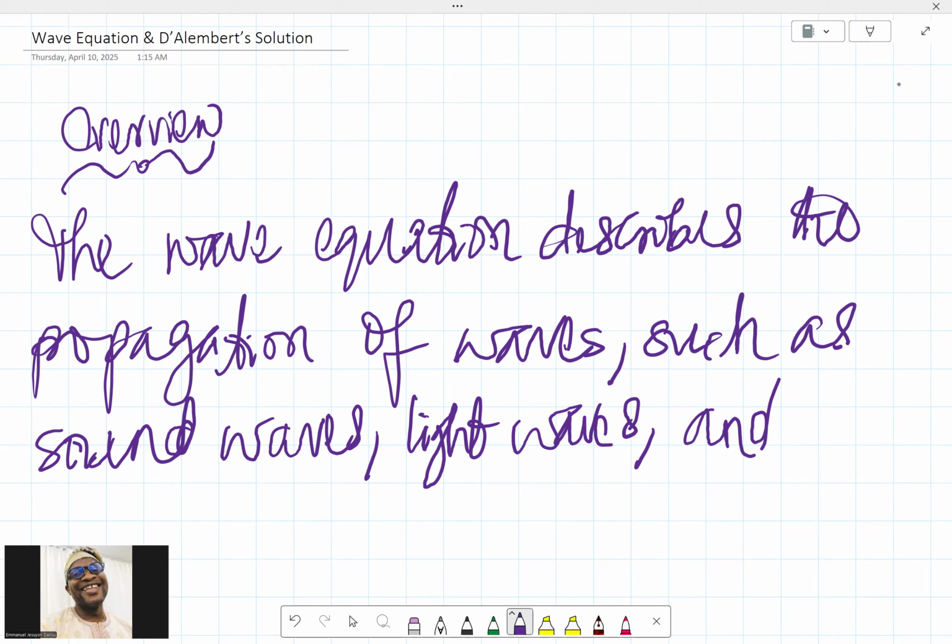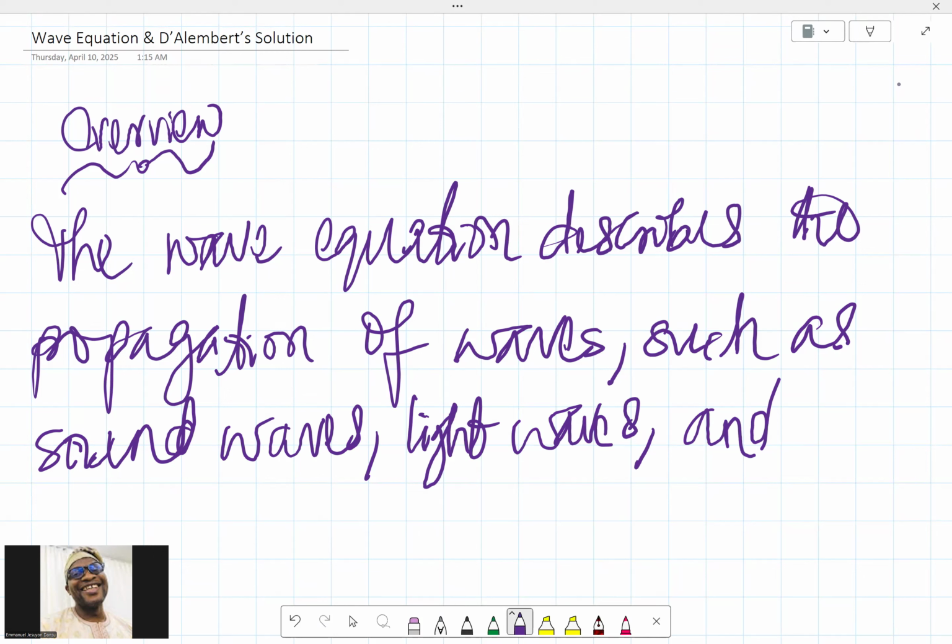So let's use these conditions to find the specific form of f and g. We already know f and g are functions of x minus ct and x plus ct respectively.